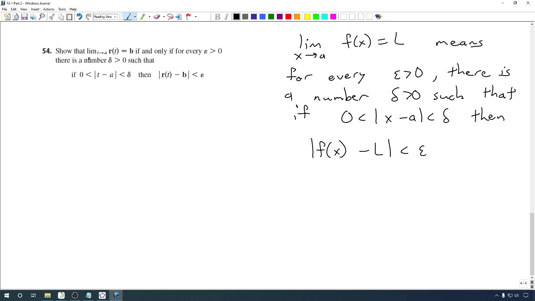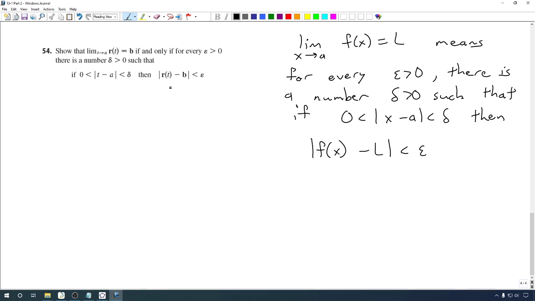L. Well, we're doing the same thing here, except in this case, instead of using absolute value to talk about the distance between r of t and b, we're using vector magnitude. So r of t and b are both vectors. The difference between them is the vector between the two terminal points, and then the magnitude of that difference is actually what we want to say.